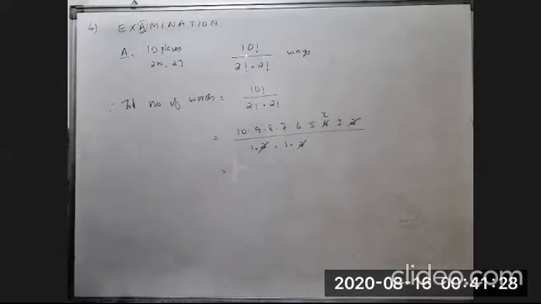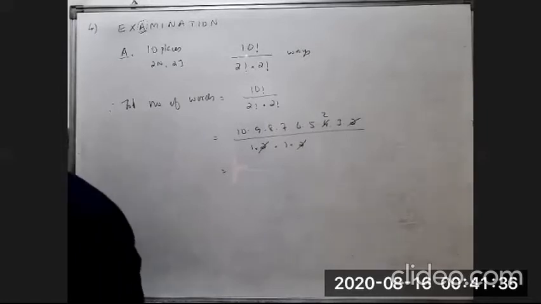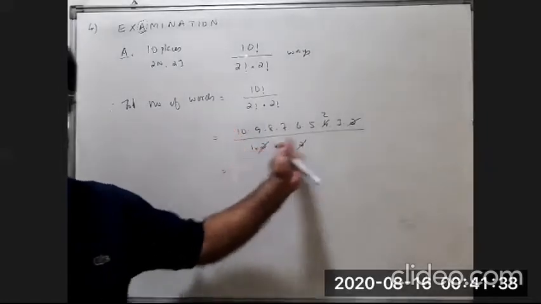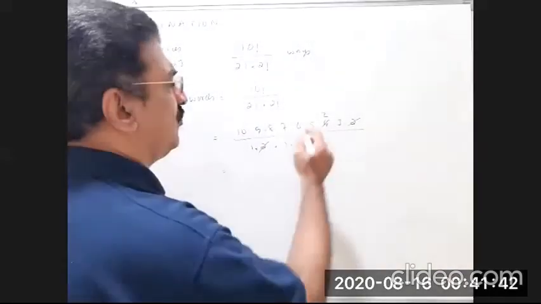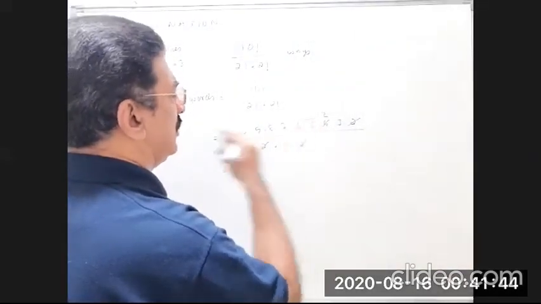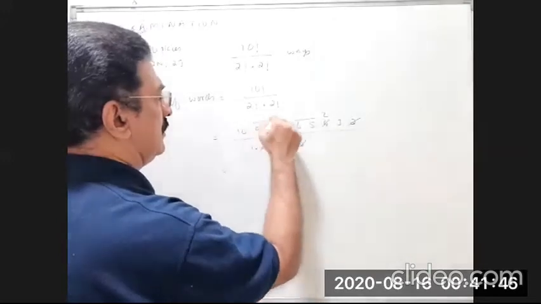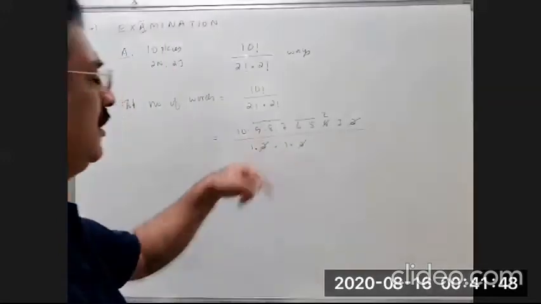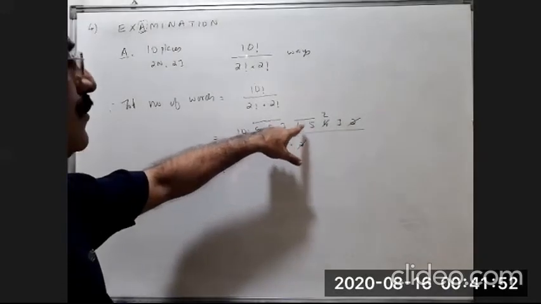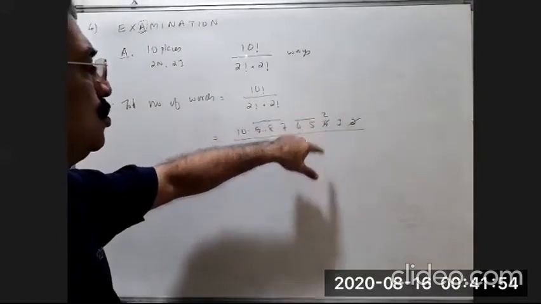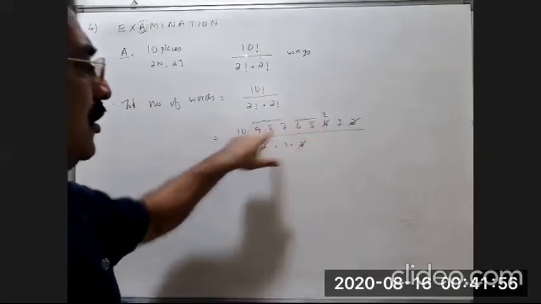Next one. This multiplication, leave it as homework. Okay, 5, 6 are 30. 9, 8, 7: 72 into 7, into 2, into 30, then put 1 zero.